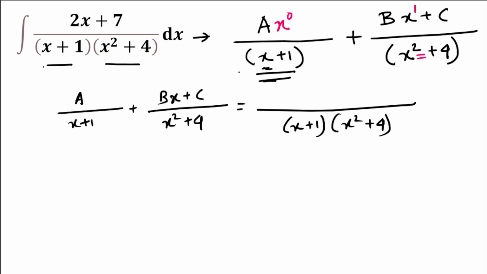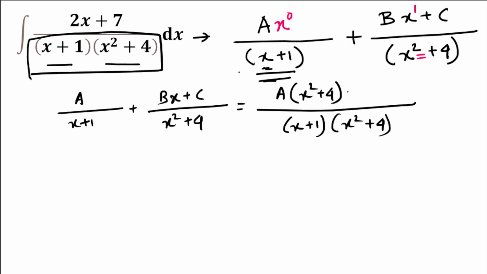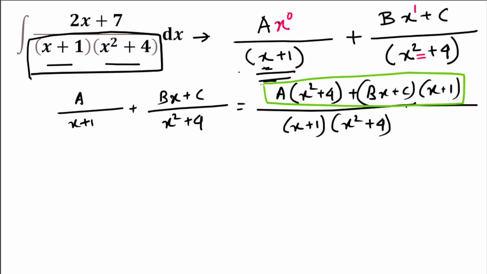So the denominator matches with the original equation. And what happens to the numerator? It will be A into x square plus 4 plus Bx plus C into x plus 1. Now we are only dealing with the numerator.